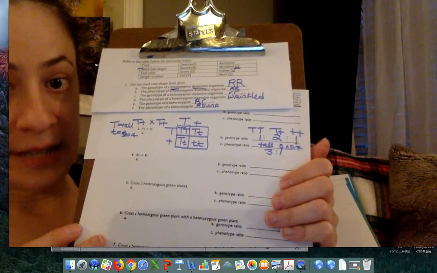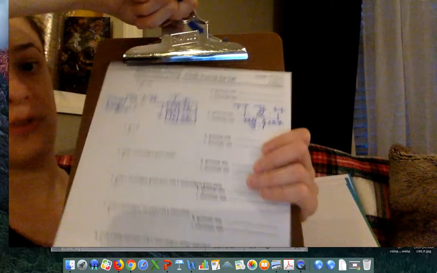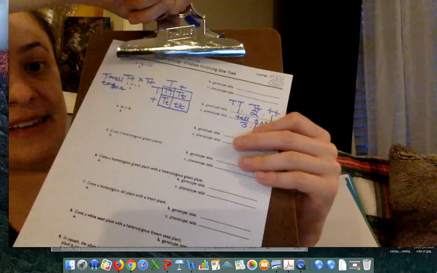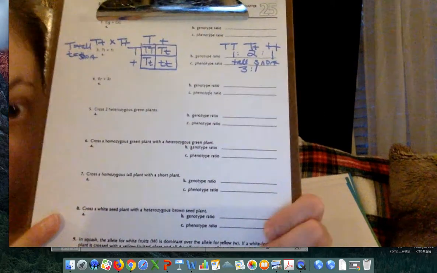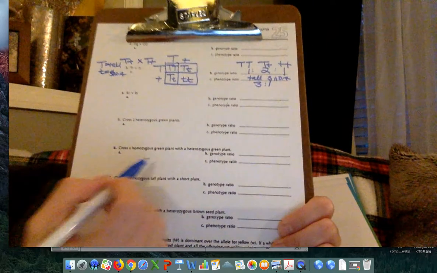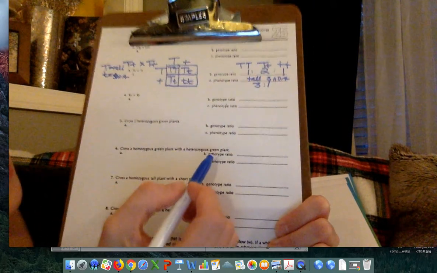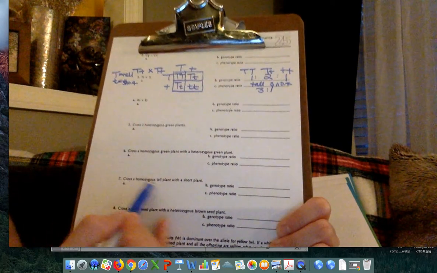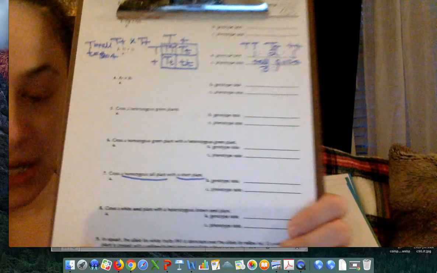If we take this, I'm just going to get rid of that. And I want to go to the problem where you're not necessarily given the genotypes immediately, but it's more so of a word problem. So let's say here that we are given a homozygous tall plant with a short plant.